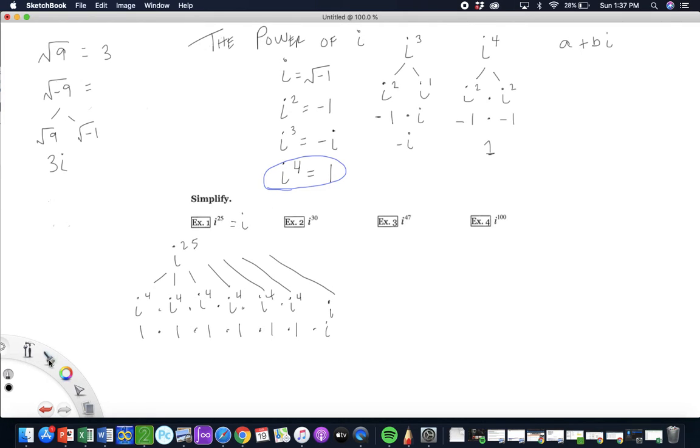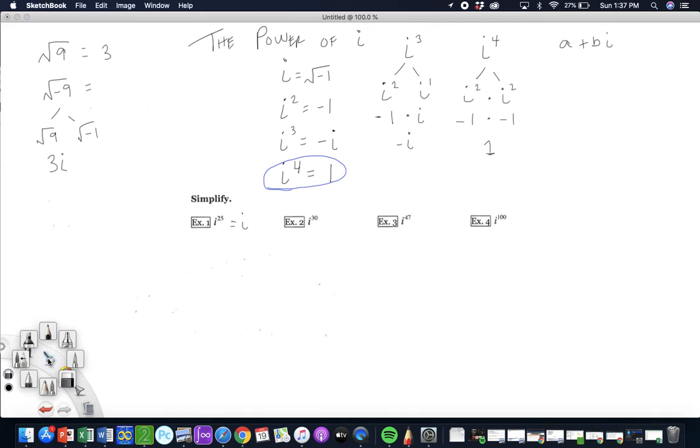All right, let's check out this next one: i to the 30th. How many groups of 4 can I take out of that? If you said 28, that's a multiple of 4. That would be i to the fourth times i to the fourth and so on, and we have 7 of those.